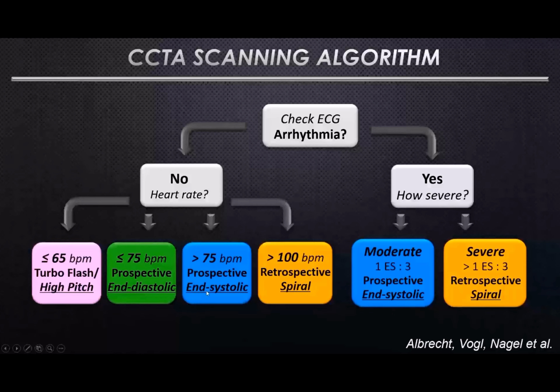And as you see, this is the same as here. So basically this part is the same in this algorithm, makes it much easier. And if we have severe arrhythmia, that means we have more than one abnormal R wave every 3 normal heartbeats, then we also choose the retrospective spiral acquisition.